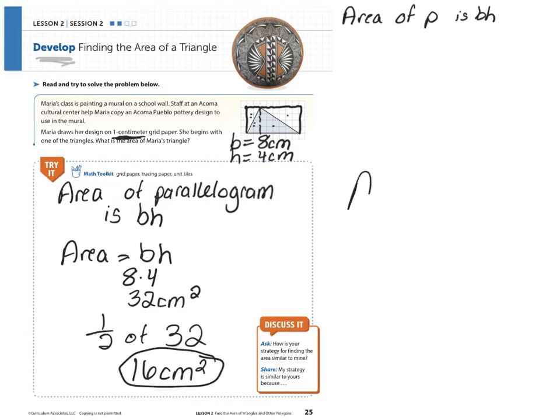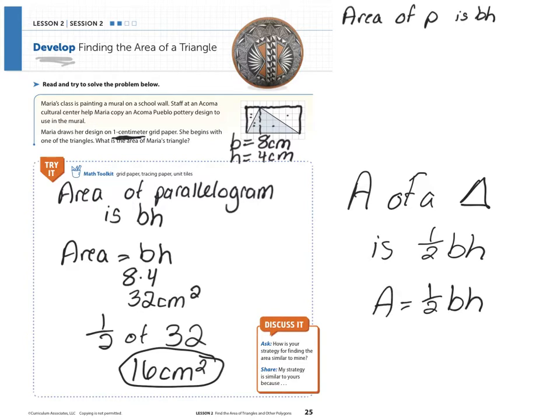So the takeaway here is area of a triangle is half the area of a parallelogram. So our formula for triangles is area equals 1/2 of our base times our height.